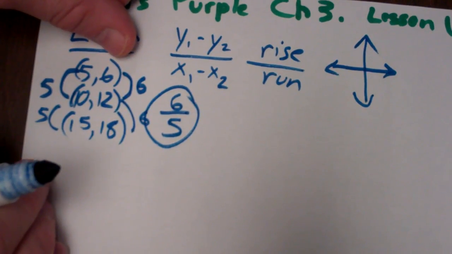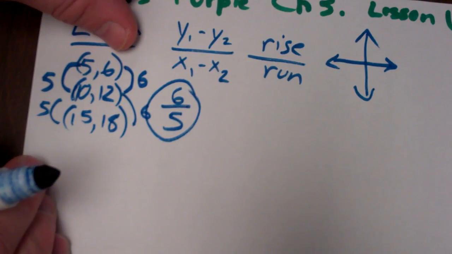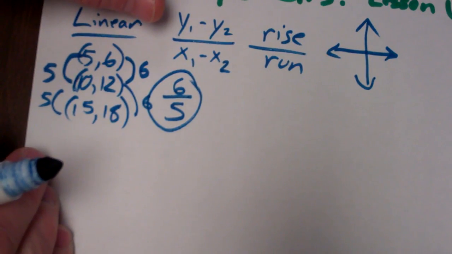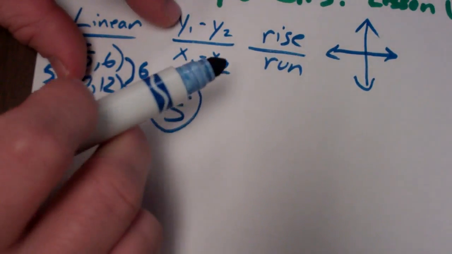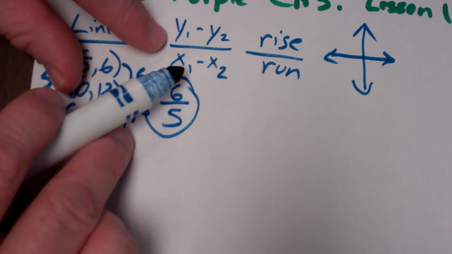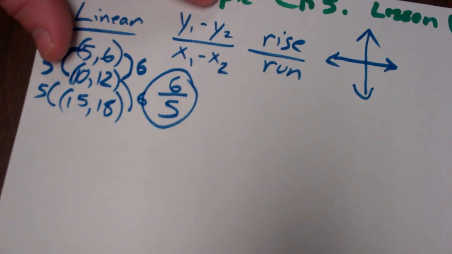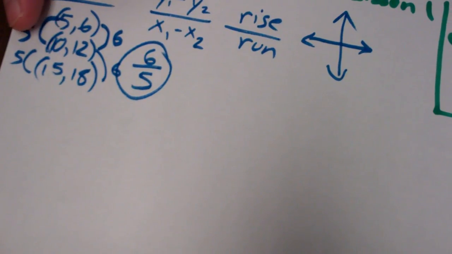Okay. Second one. The altitude of y of a certain airplane after a certain number of minutes x is shown in the graph. Is the relationship linear? Once again, we need to see, are they in a straight line? Do they have a constant rate of change? Is the difference of y over difference of x constant? Does it stay the same? Is the rise over the run exactly the same? So I'm going to grab a couple of those points. There's one that's a little bit hard to read.